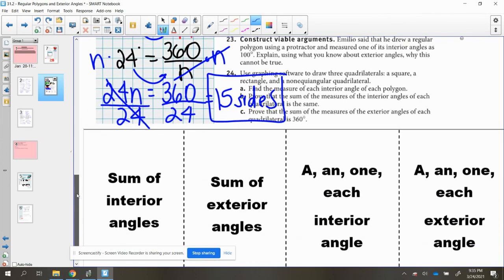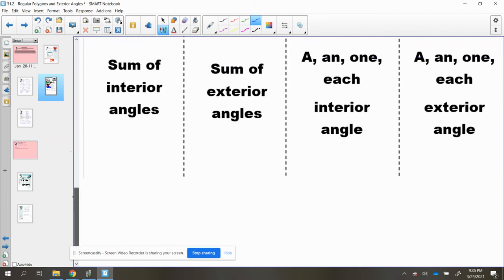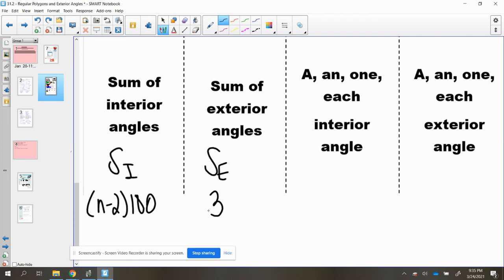All right, so take a moment to finalize your formula sheet, right? We have basically 4 formulas so far. The sum of the interior angles, which is n minus 2 times 180, and the sum of the exterior angles, which is always 360 degrees. If we want each singular interior angle, we would call that each interior angle, right?